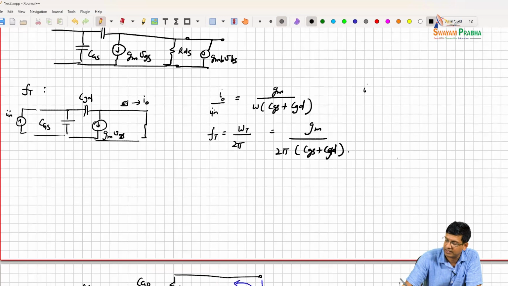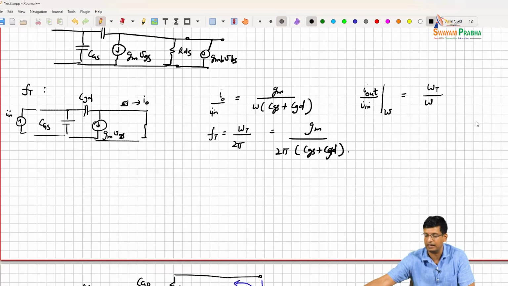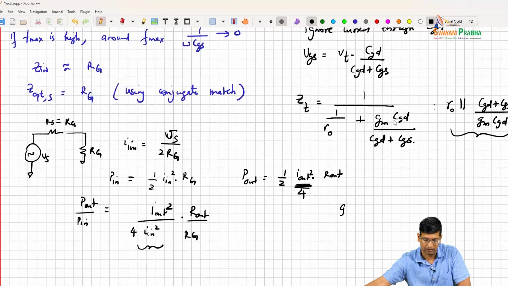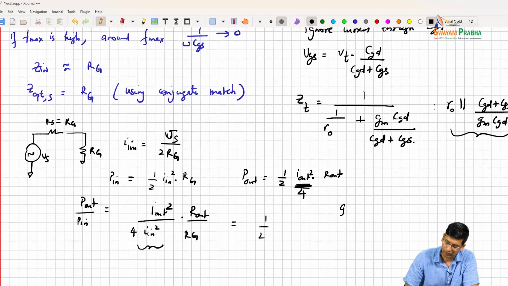So we can say that I out divided by I in at any particular omega is omega t divided by omega, because Gm over Cgs plus Cgd is omega t. So what you get over here is 1 over 4 times omega t or Ft divided by F, the whole squared, times R out divided by Rg, right?